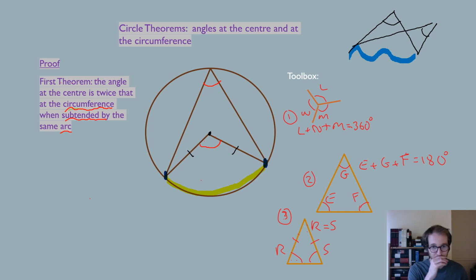Now, what we want to do is get on to proving this. So immediately I'm thinking, can I create some useful triangles that involve the angles that we're talking about? You might have thought, why can't I just create this triangle down here?